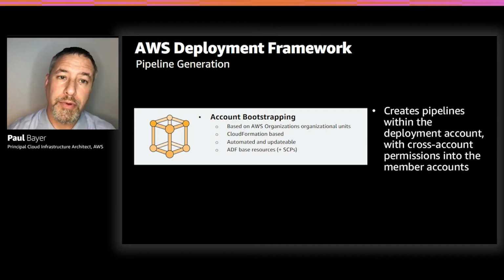So the developer's account holds on to the code that a developer would want pushed out, and the deployment account holds on to or creates a pipeline, and based on the developer's code can push out that developer's code into the necessary accounts for that developer. So the AWS Deployment Framework addresses that third case where the platform team is comfortable creating that underlying structure and the application team is comfortable writing templates to allow themselves to create their own infrastructure.